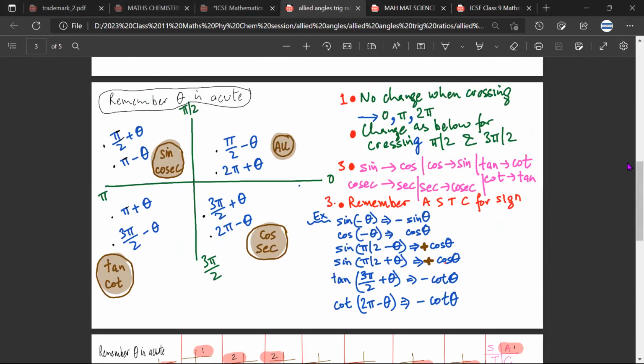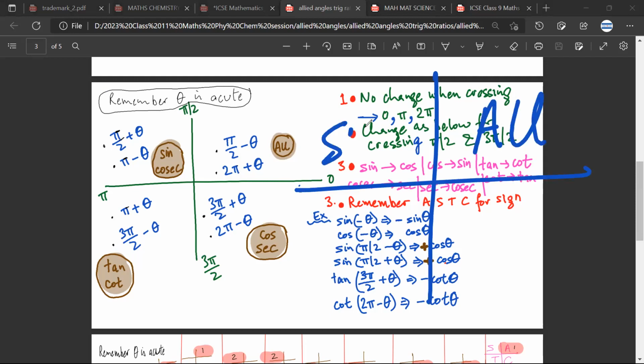The first is, we remember this quadrant, the ASTC quadrant: all, sine, tan, cos. Do we understand this well?